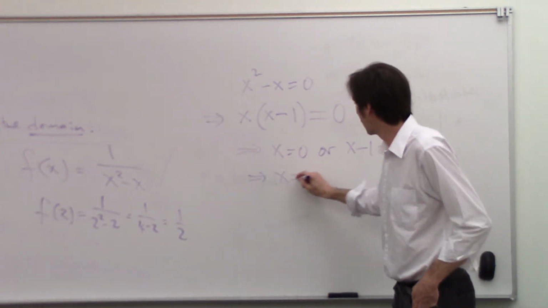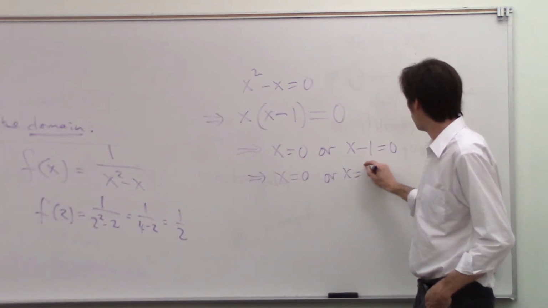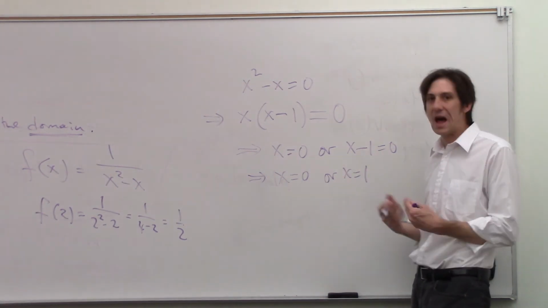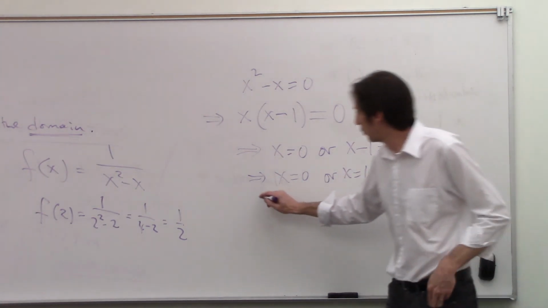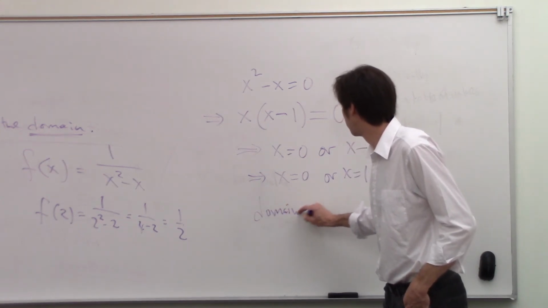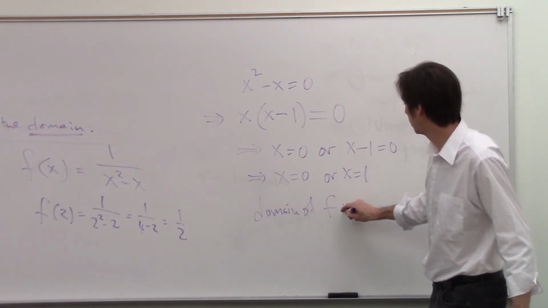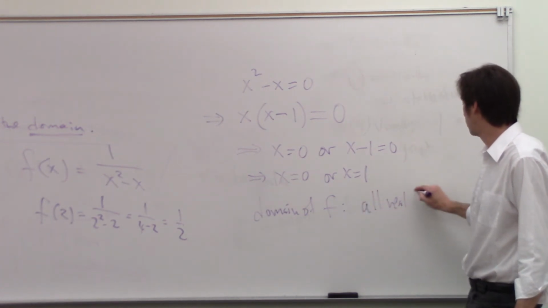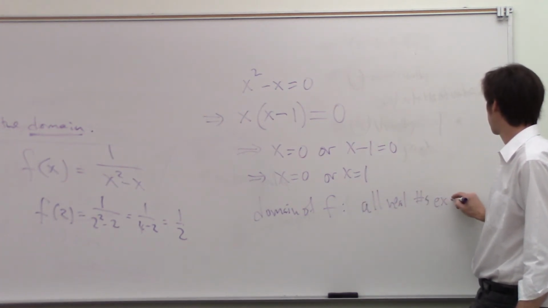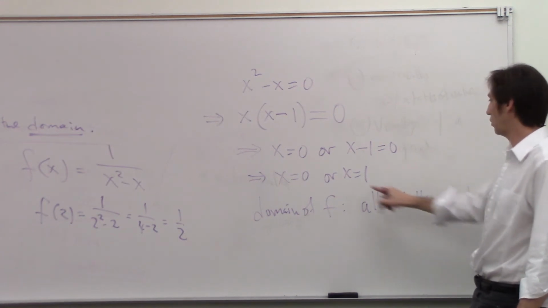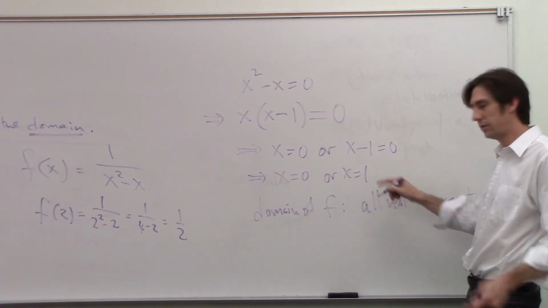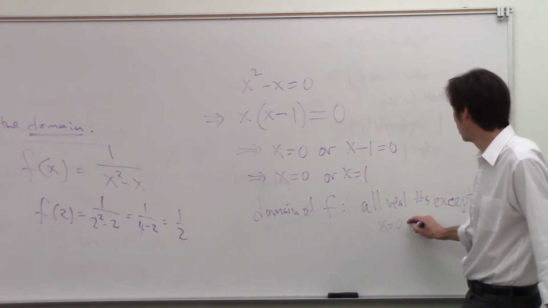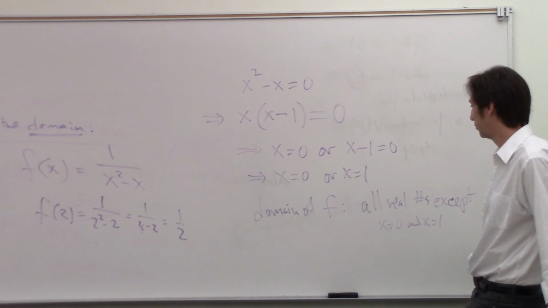In other words, if x is 0 or if x is 1, the output value is not defined. And so the domain of the function f here, I'll write it in words this time. It's all real numbers except these two x values that I found that would make the denominator 0. So my domain is all real numbers except x equals 0 and x equals 1.